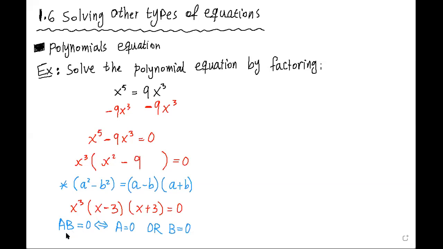So x to the power 3 equals 0, or x minus 3 equals 0, or x plus 3 equals 0.